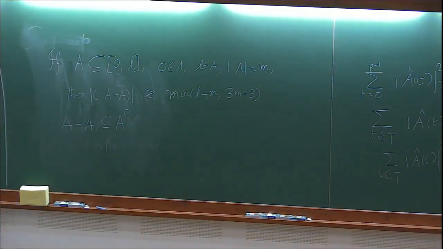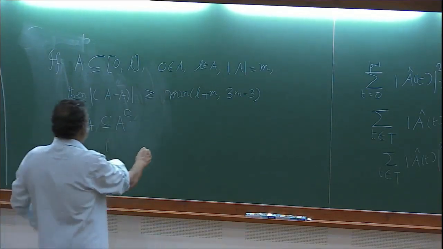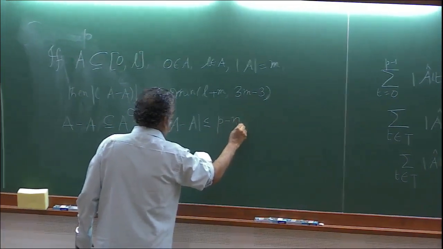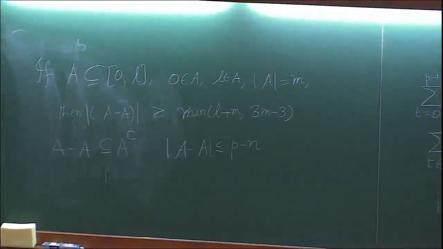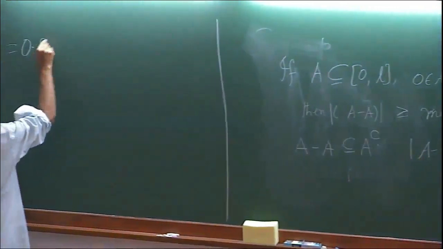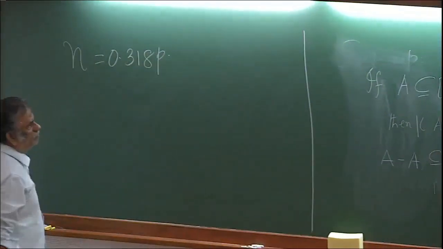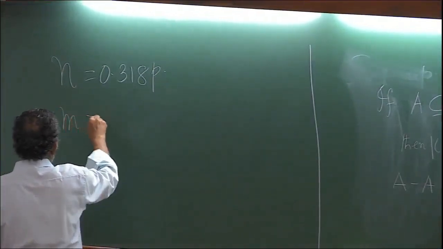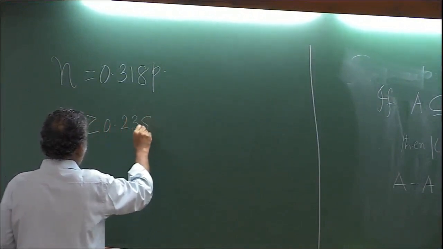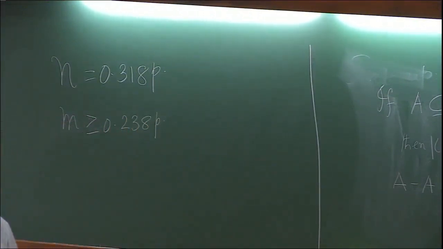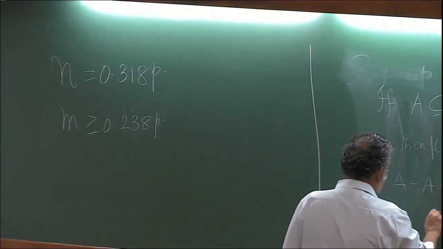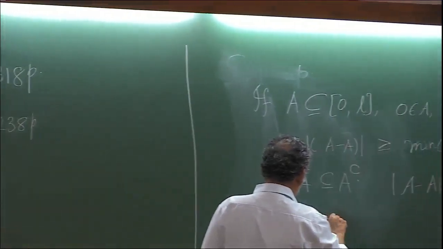Since A is sum-free, A minus A cannot have an intersection with A. And therefore, in particular, the cardinality of A minus A is less than or equal to p minus N. Okay, and therefore now we discuss two cases. Case 1, 3M minus 3 is the minimum.